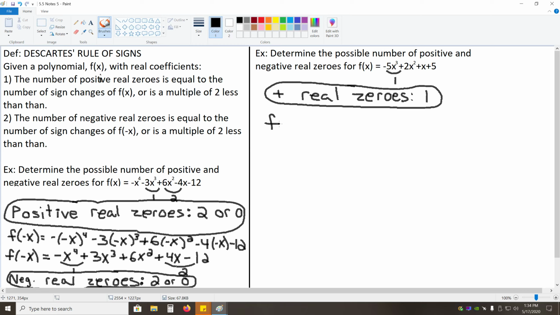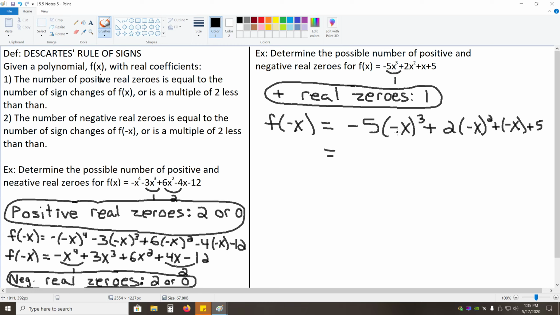Now we find f of negative x. So we have -5 times negative x cubed plus 2 times negative x squared plus negative x plus 5, when we substitute in negative x into this function.